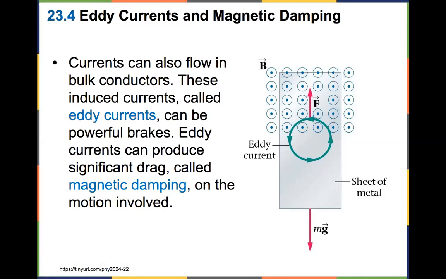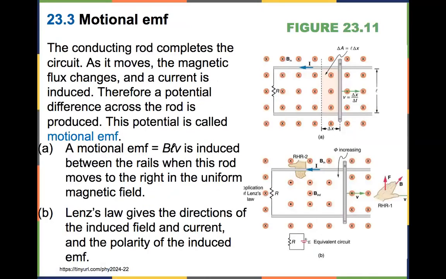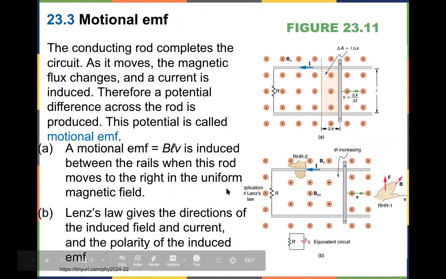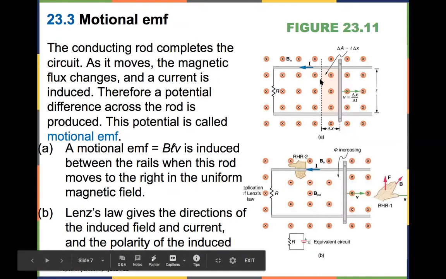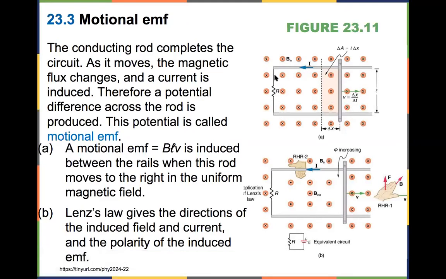All right, so today we'll be looking at a new section on motional EMF. Look at the figure here on the right. In the top one, imagine you have a resistor R on the left, and there are two metal rails, one on the top and the other on the bottom.